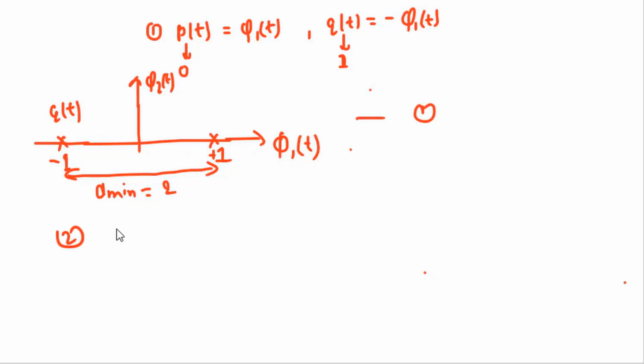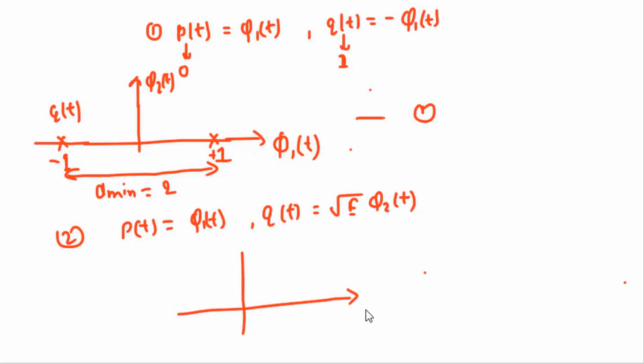In the second condition, you are given P of t as phi 1 of t, but Q of t as square root of E phi 2 of t. So in the signal state representation, you can write this one as phi 1 of t and this one as phi 2 of t. You can mark P of t here, and here you can mark square root of E. This is your Q of t.